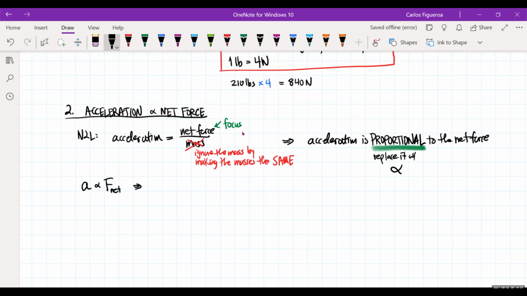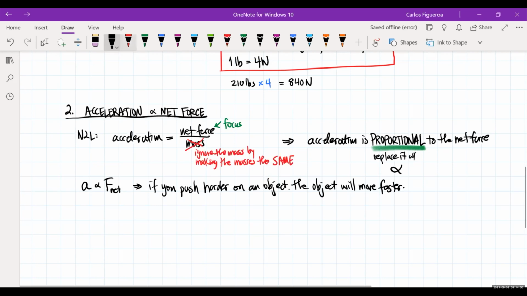What this tells me is that if you push harder on an object, the object will move faster.